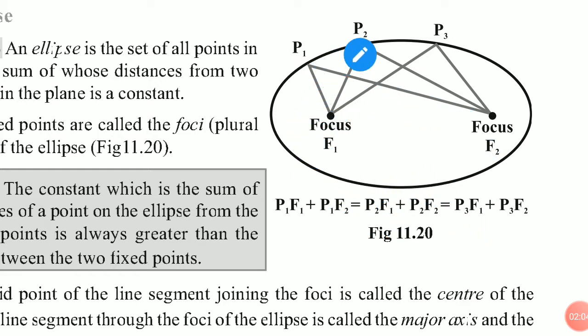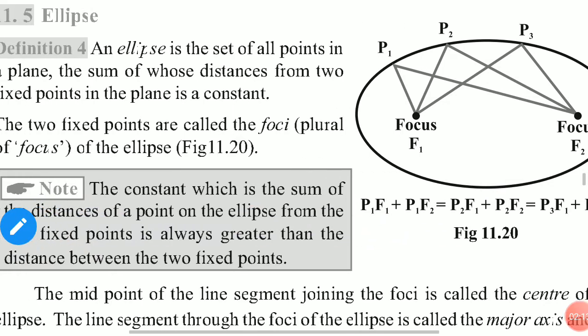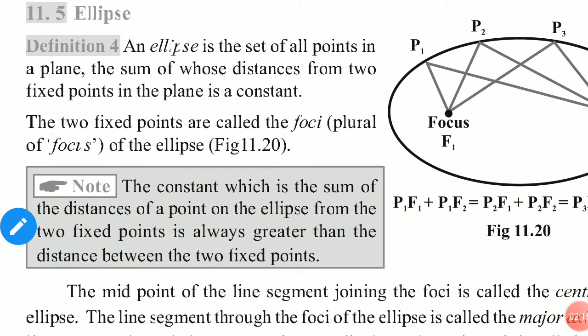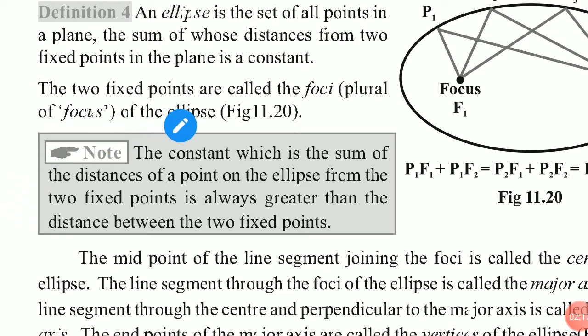This is the locus of the points that is called an ellipse. This is the definition of an ellipse. You have to learn this definition. The two fixed points are called the foci of the ellipse, F1 and F2.